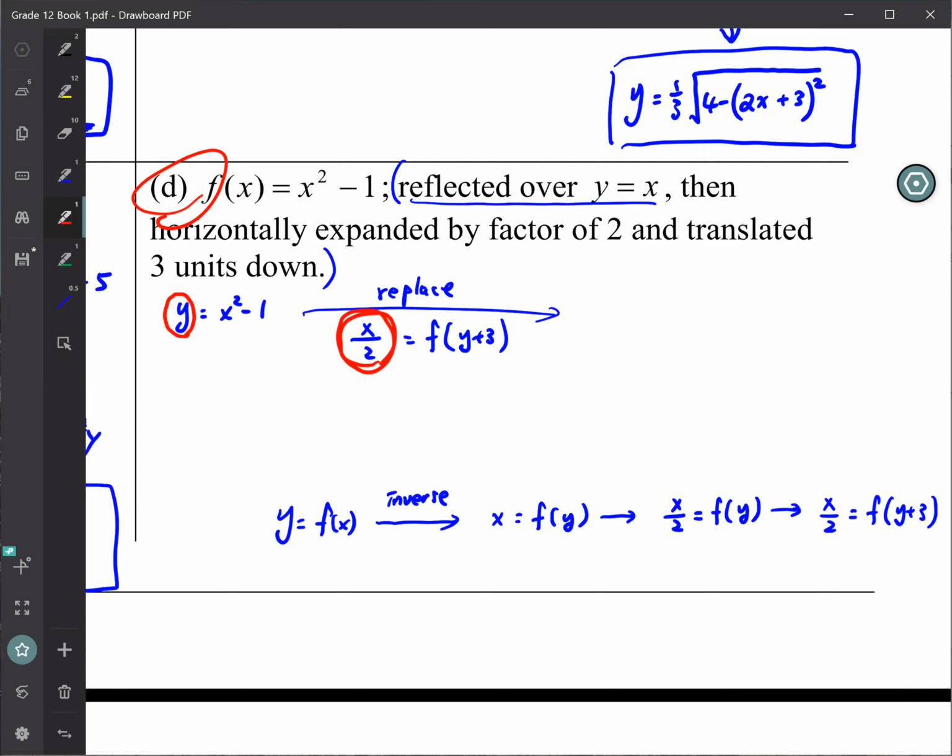Normally y replaces the y, x replaces the x, right? But because of inverse, your x will replace the y, and your y will replace the x. That's why it's inverse, right? X and y swap. So y plus 3 will replace the x.